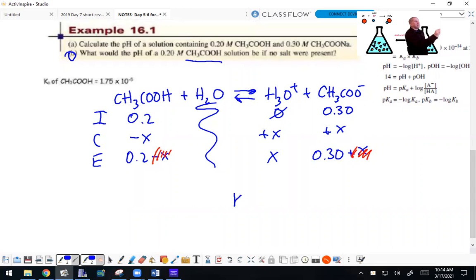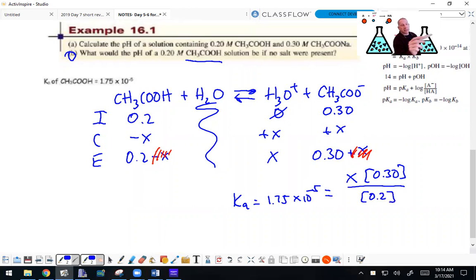All right, so now our Ka value, it hasn't changed, 1.75 times 10 to the minus 5 equals x times 0.30 plus x, but we're ignoring the plus x, and then 0.2 minus x, but we're ignoring the minus x. Let me hit save again. You'll see why in a minute. All right, so now we're just solving for x, which is once again the H3O plus, and we're going to see how that affects the pH.